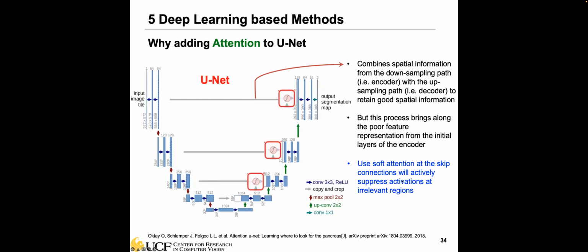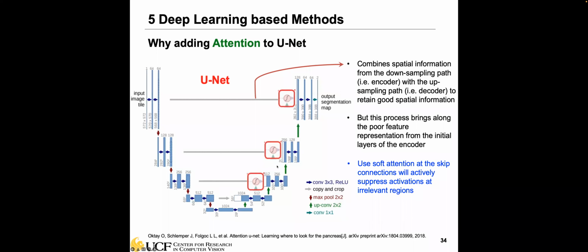So that's what they are aiming for: build attention to selectively focus on the regions that are important, and suppress the regions that are less relevant or less important. So that's the improvement or modification this attention UNet makes to the UNet structure.